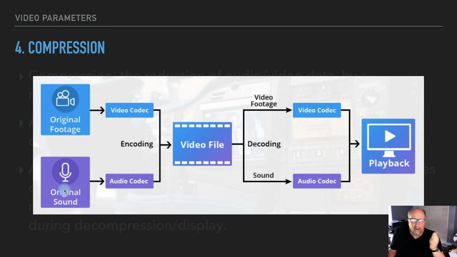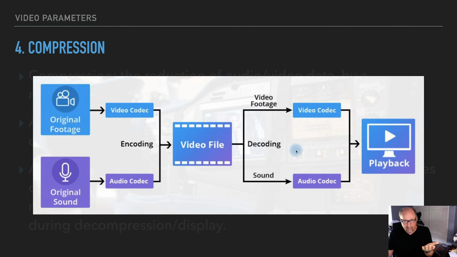To get it even out of the camera and record it onto a card, you have to put it through a compression. So video compression, audio compression, it gets encoded into a video file where the video and audio are combined together. Then to view it, you have to decode it. Take the video footage through the codec, and remember codec stands for compression, decompression, and back to playback. So that's the basic work of compression.